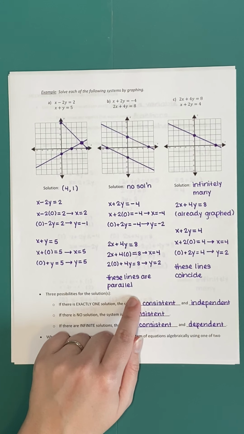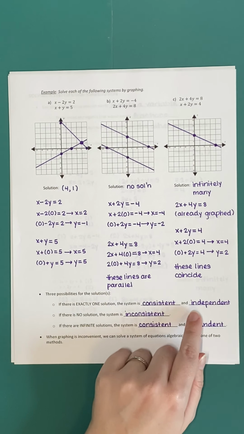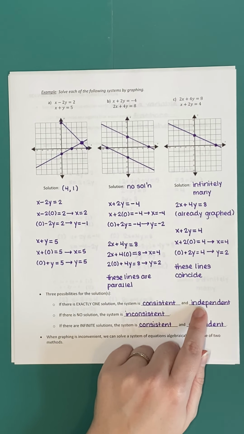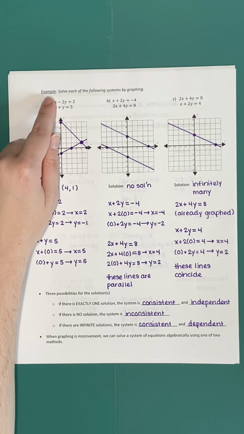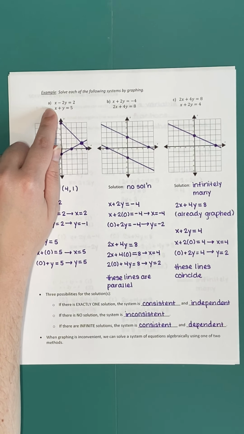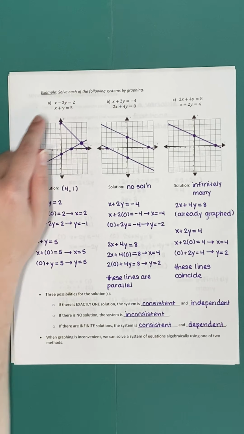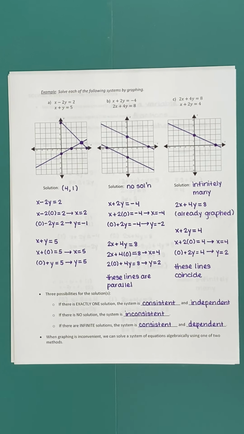Consistent means we can find a solution, but it's also independent. The independence here means that the 2 equations are independent of one another. In other words, we get unique pieces of information from each of those individual equations. Each of them does contribute something concrete to the solution to the system. So one equation is independent of the other.